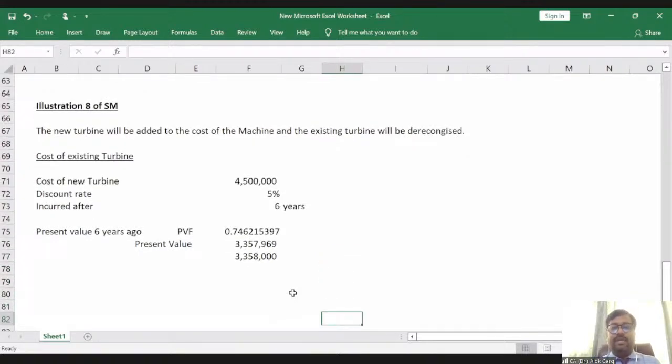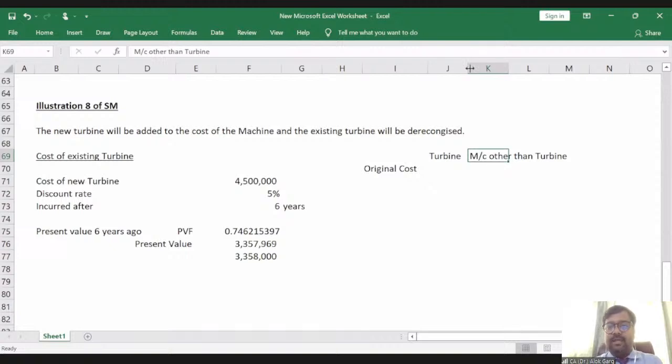Now let's do some calculations. And how can you do this calculation? First of all, what is your original cost? Let's write down first of all machine. Write down turbine here and write down machine other than turbine, right?